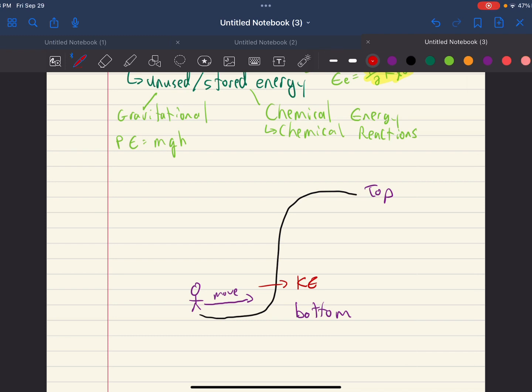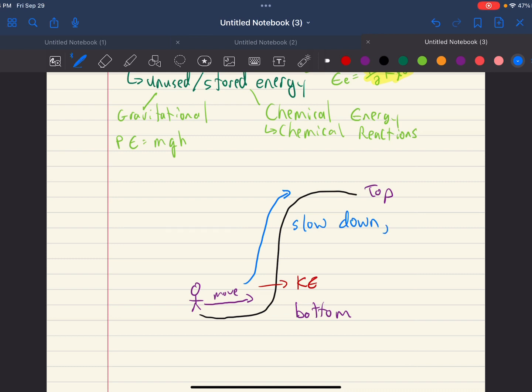Now, as they move up the hill, and I'm going to draw an arrow going up the hill here. As they move up the hill, they start to slow down, right? And that slowdown, remember, nothing is without a cause. That slowdown is they're losing kinetic energy and they're gaining potential energy. What you can think about is that they're losing kinetic energy at the cost of increasing potential energy.